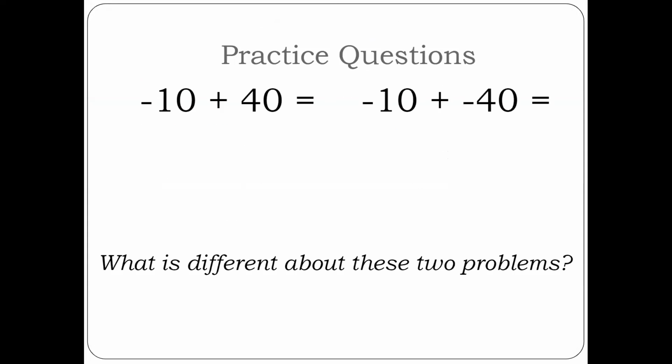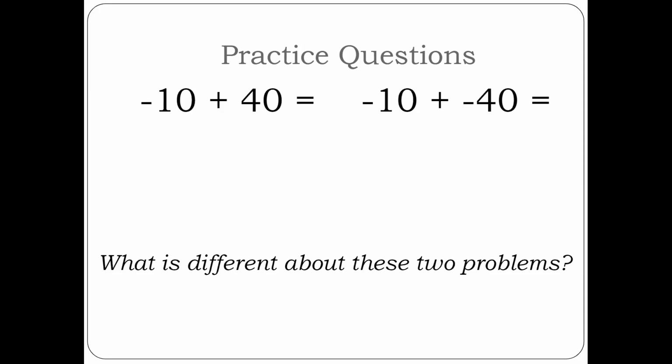Here's a good example of a comparison of a couple of different problems where the only difference is a sign difference. Anybody see anything that jumps out at you about these two problems? Yeah, good.